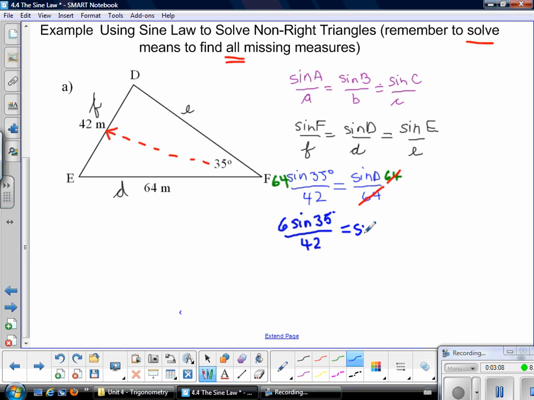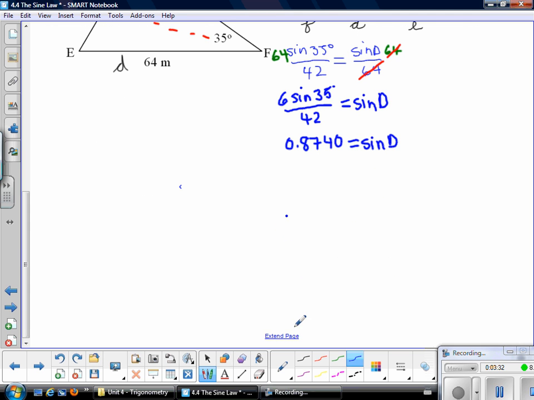Now I'm finding an angle, which means I'm going to turn this left side into a decimal. And when I do that, I end up with 0.8740 equals my sine of D. Now remember, I have to get my calculator to actually calculate it by doing inverse.